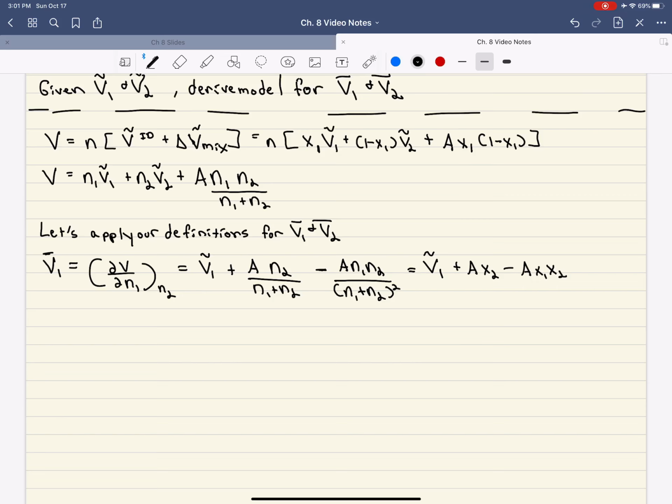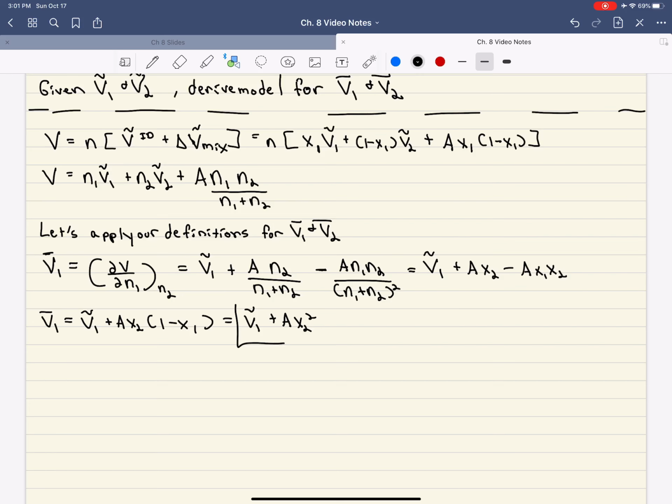And if we factor out the A, what we get is V1 tilde plus A x2 times 1 minus x1, which by itself is x2. So now we have A x2 squared.